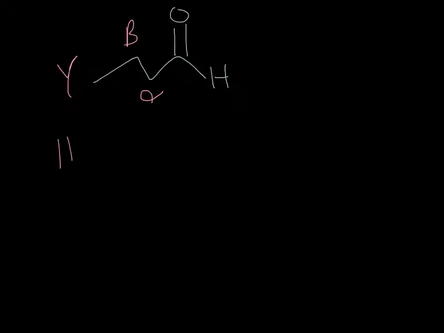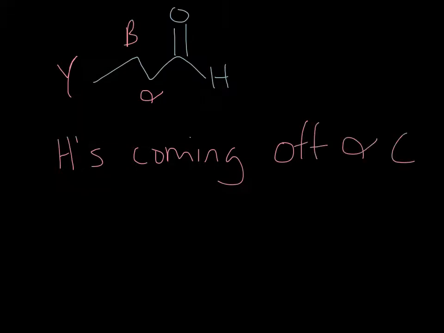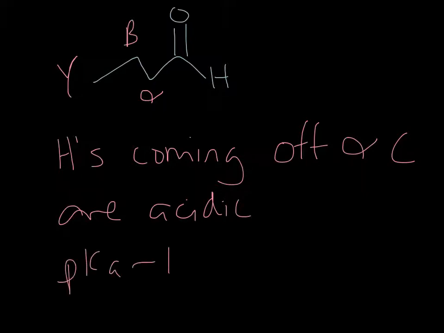So if we look at an example here, I'm going to use an aldehyde so we can see. The carbon next door to the carbonyl carbon is the alpha position. This is the beta position, and this would be the gamma position. So H's coming off the alpha carbon are going to be acidic. They have a pKa in about the 16 to 20 range.